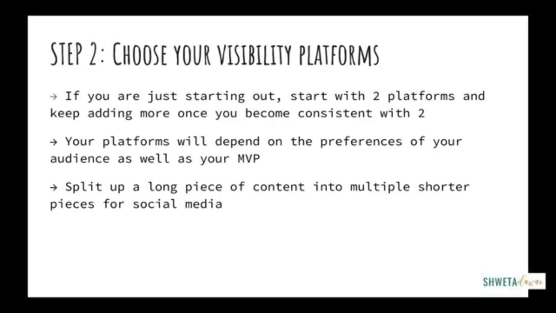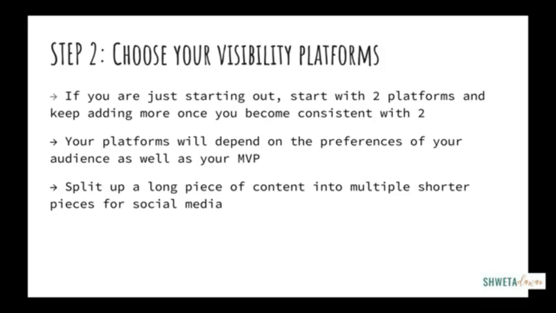If you choose more than 2 or 3 platforms, you are not going to do it, because you're just going to think, there's so much work, this is too much work, and I'm not going to do it. So I suggest you start with 2 platforms apart from your most valuable platform. And then once you know that you've become consistent on these 2 platforms and you have a process in place, you can add 2 more platforms as you move ahead. Again, like I said, your platforms will depend on the preferences of your audience as well as your MVP.